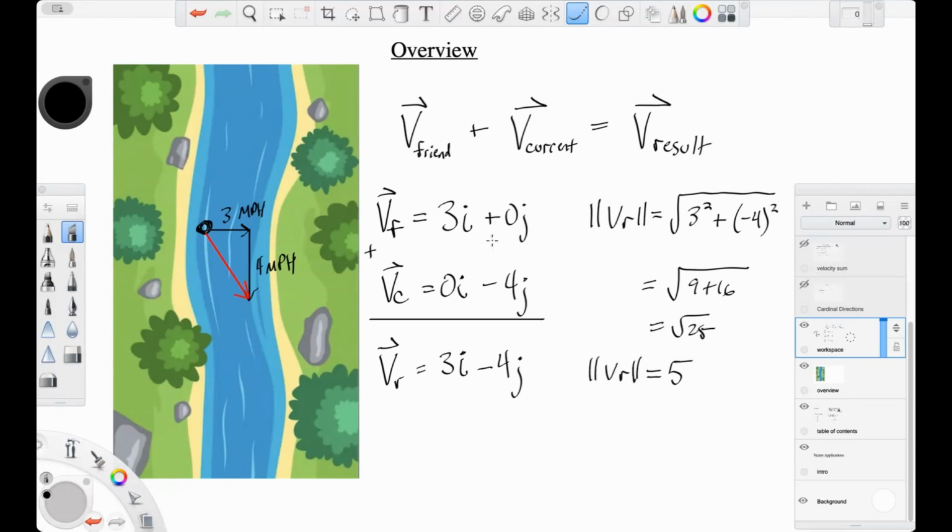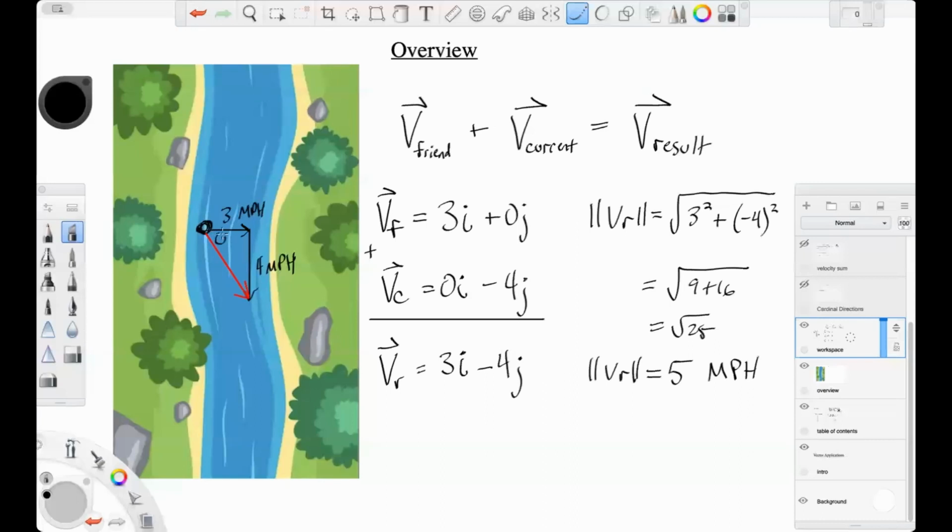I should say the speed that your friend is traveling is 5 miles per hour overall, right? 3 of those miles per hour are coming from your friend paddling to the right, 4 miles per hour are downstream with the current. And so together in this configuration, your friend is actually traveling at 5 miles per hour. And then of course, if we wanted to find the angle that your friend is traveling, it's going to depend on our reference.